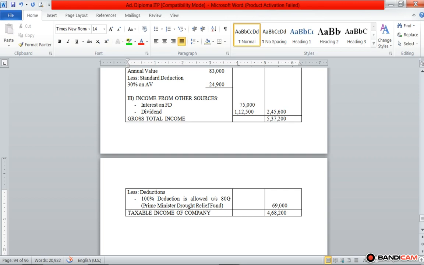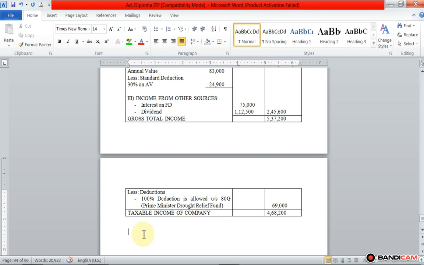Also, the rate of income tax of a company is determined by the gross receipts of the company. Here our ABC company is a domestic company.